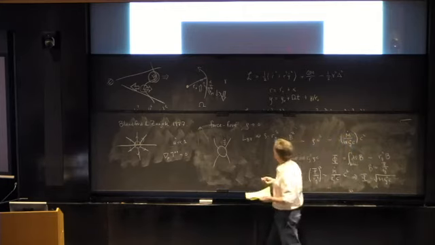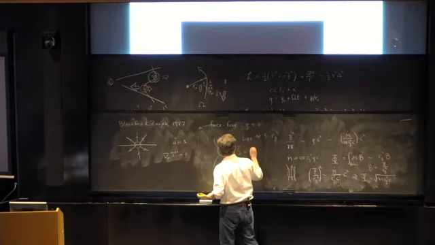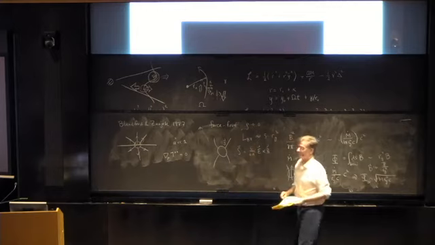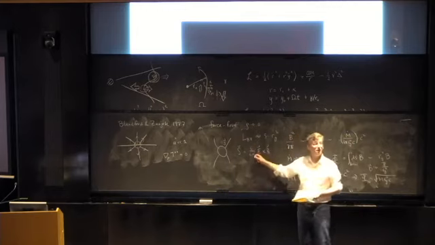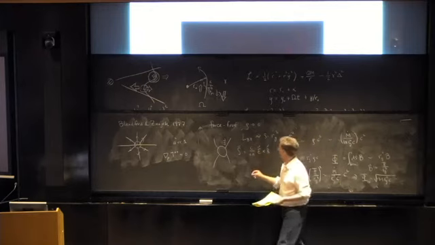Okay, so MHD Poynting flux. We know that the Poynting flux is equal to c over 4π E cross B, right? And we also know that E is minus v cross B on c in the ideal MHD approximation.